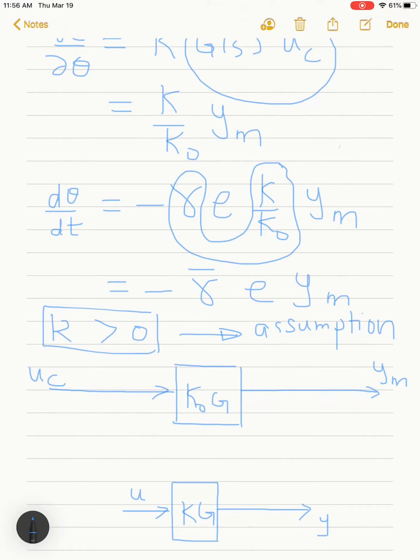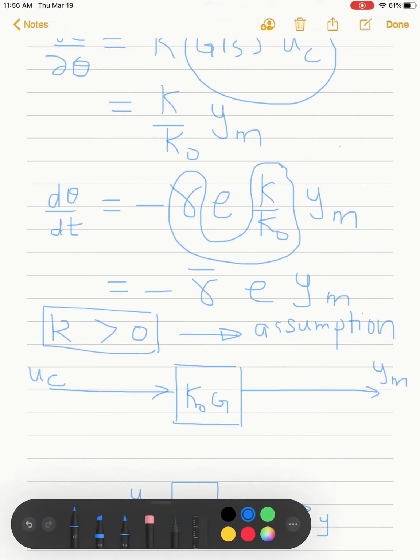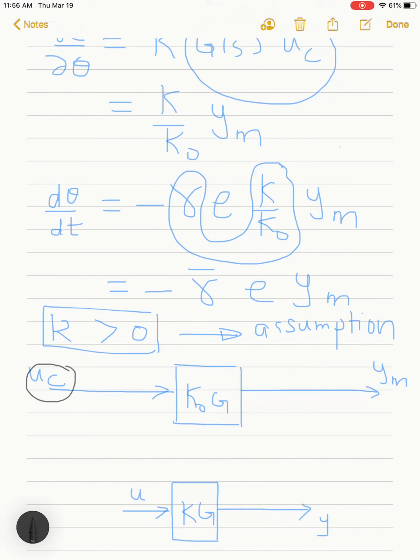So if I do that, I will be able now to actually draw a block diagram that implements this controller. So let's try to do this. Suppose that you have here this set point and the output of the reference model. I would like to form the error. So I take the difference between the output of the process and the output of the model. This would be the error signal.